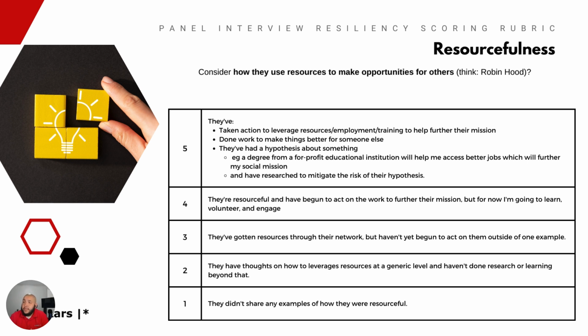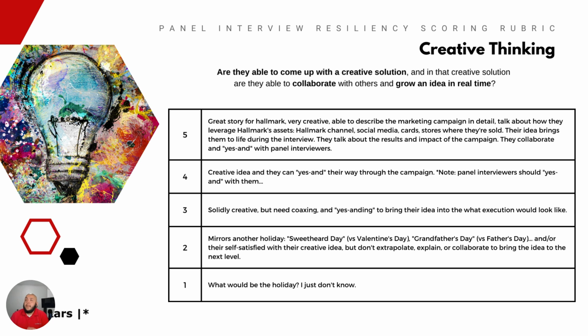They have researched and mitigated the risk of their hypothesis. So again, they want to do something. What resources are in place? Can I go out there and find the resources, utilize those resources, and is that tied to my mission? So that is a 5.